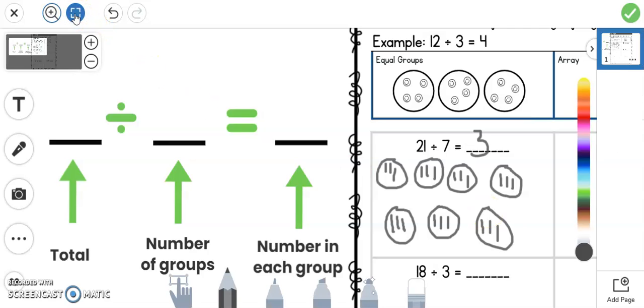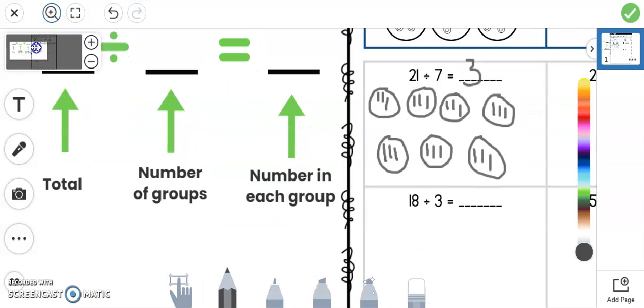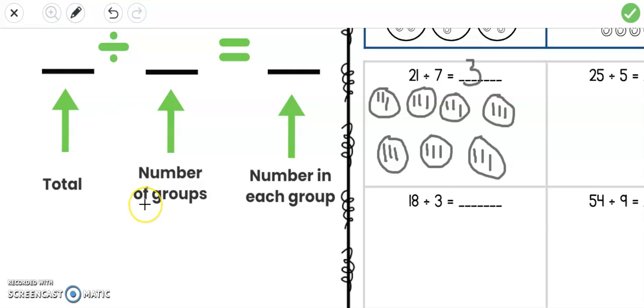I am going to also do the one below this. And I'm going to do the one below it so that I can still see this guide, I can still see this formula as I help you. So I know that I have 18 items total. I'm going to divide those into 3 groups, and I will figure out how many items are in each group.